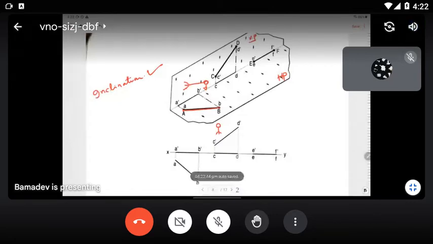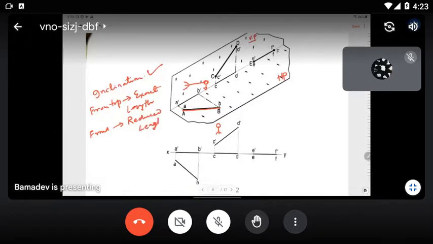From the top, you can observe the exact length, and from the front, you will see a reduced length.